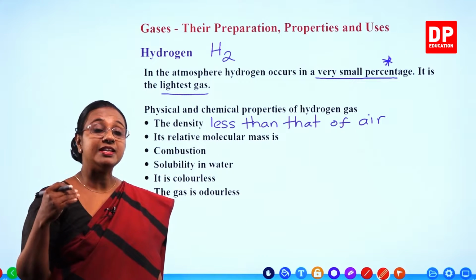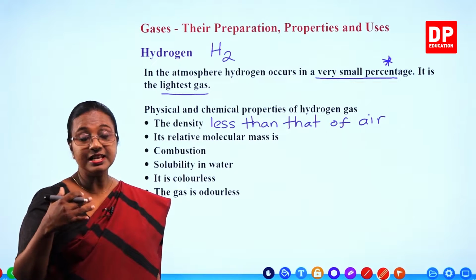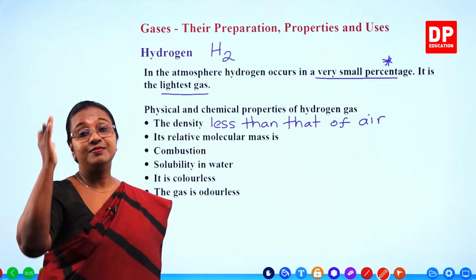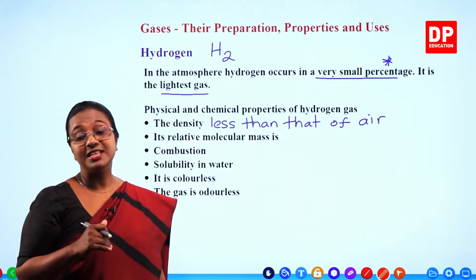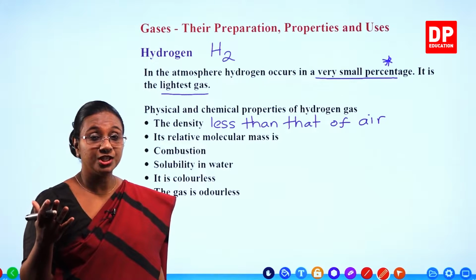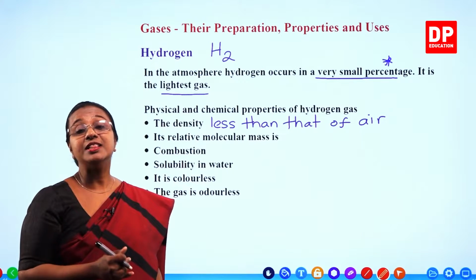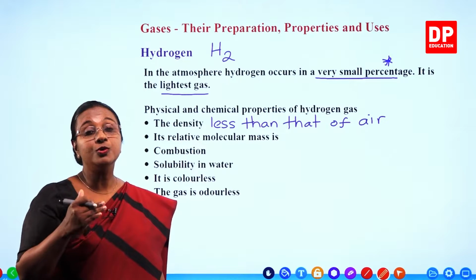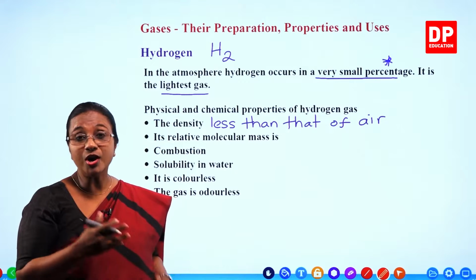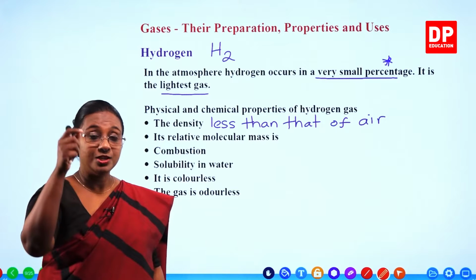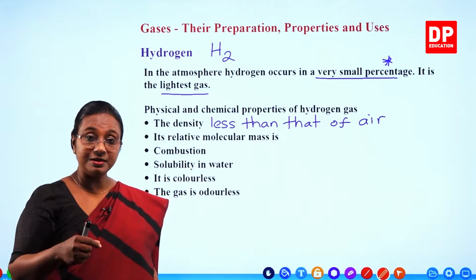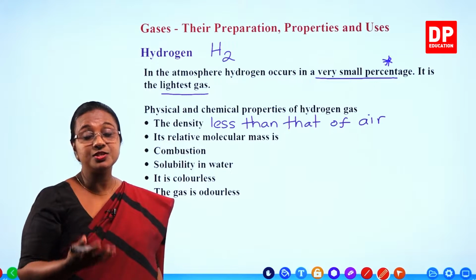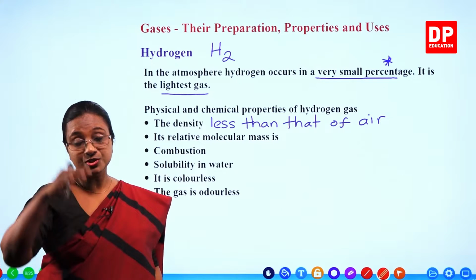So normally when there is air and hydrogen, air will go down, hydrogen will go up. You are familiar with this example or this observation. We have balloons filled with hydrogen gas, and normally those balloons usually tend to go up. We use those for decoration purposes. When you tie those hydrogen balloons with a ribbon and attach it to a surface, always the hydrogen balloons go up.